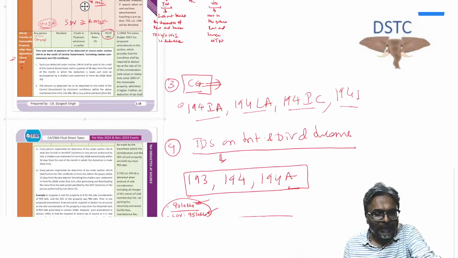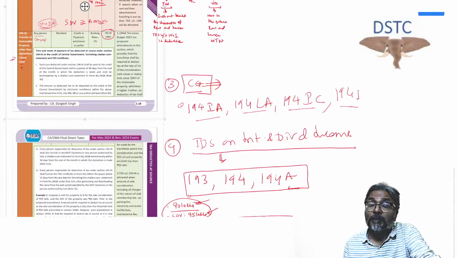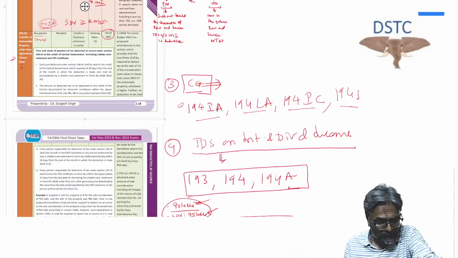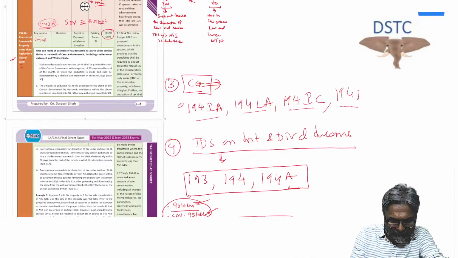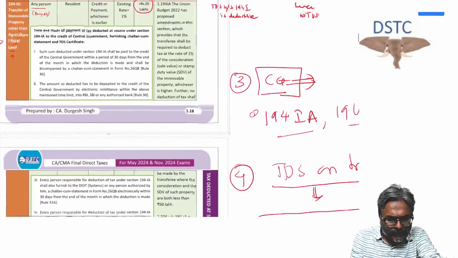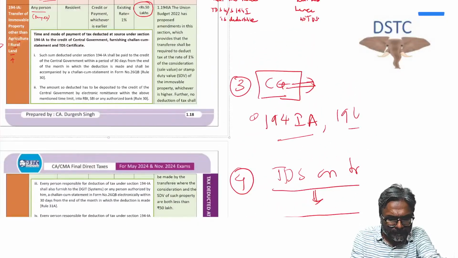If both the stamp duty value as well as the consideration amount are less than rupees 50 lakhs, then no TDS will be required to be deducted, and that is exactly what this point is all about. We have seen this discussion, and I think we have seen the examples also which we discussed in this regard.